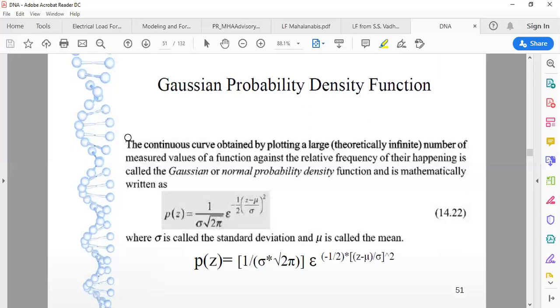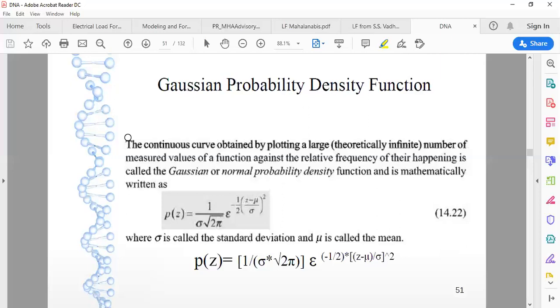So if I repeat that, or switch on this circuit a number of times, then most of the times it will show me a different reading. Based on the occurrence of the same value, the relative frequency is calculated and a plot is drawn. If we draw the plot, it will be a bell-shaped curve. If we want to define that function mathematically, it is P(z), where z is nothing but the measured value.